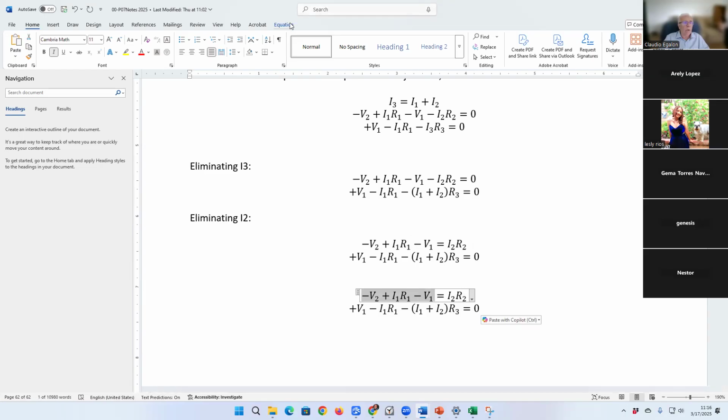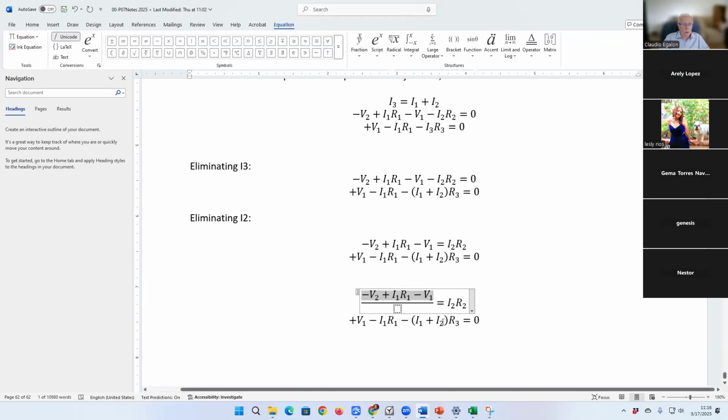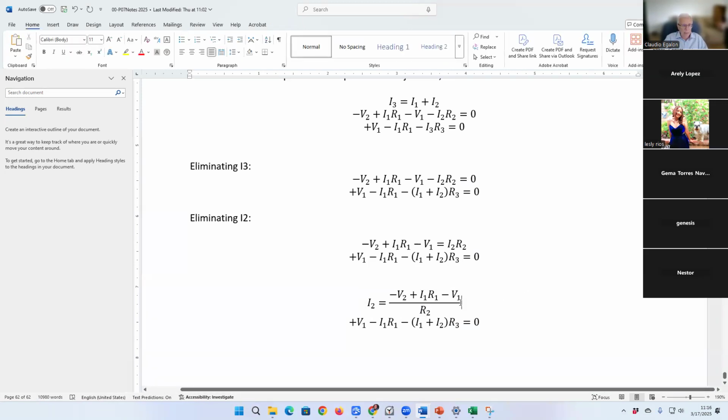I'm going to, that's gonna go R2 right in here. Like this way. And now I solve I2 in terms of I1. Okay. I eliminated I2.